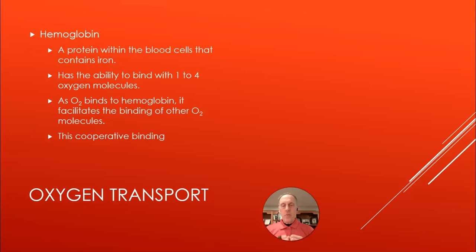But what happens is when an O2 molecule binds, meaning an oxygen molecule binds with one of the irons in a hemoglobin, that hemoglobin itself becomes more readily accessible to having more iron and oxygen interact. And this term is called cooperative binding.